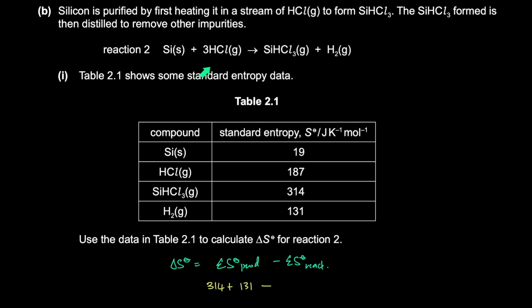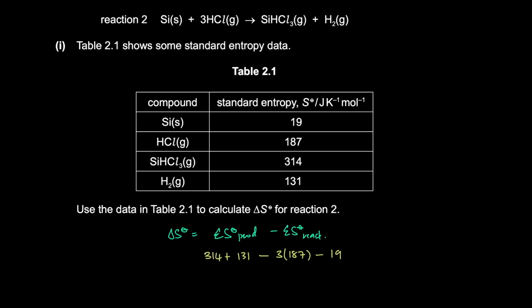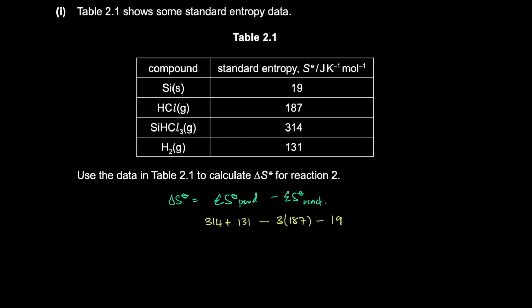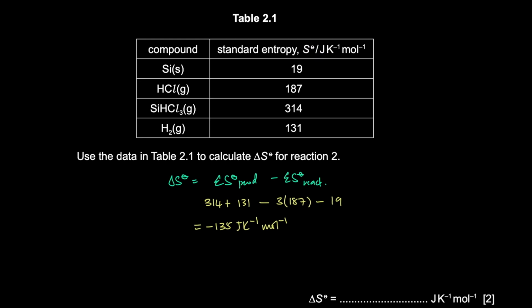We have 3 moles of HCl, so that will be 3 times 187, and then we also subtract the entropy of silicon, which is 19. And that gives us the standard entropy change as negative 135 joules per Kelvin per mole. So those are the units for entropy. So that's our answer.